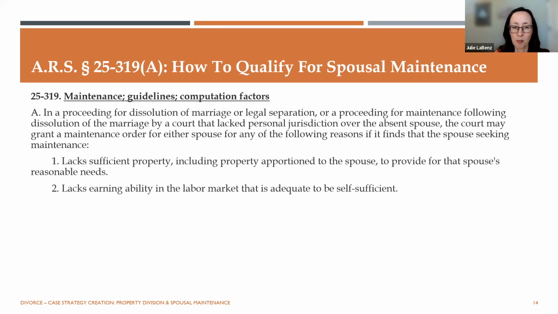Of course, remember, the court's going to consider what you receive in the divorce in determining spousal maintenance. So if you're coming from a $1 million marriage and you're getting $500,000, and then you need to go get a minimum wage job to help supplement your income, the court may find, look, you don't qualify because you got enough property out of the divorce.